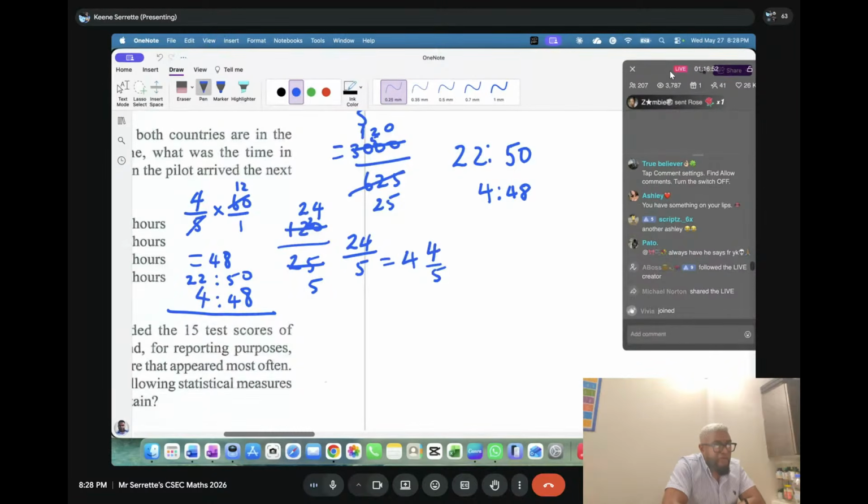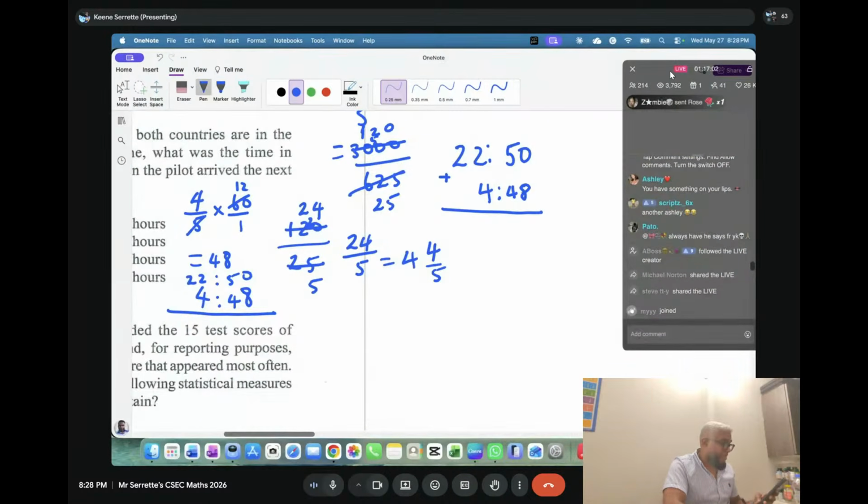2250 448, right? So we need to add this, but watch something. This is very important, right? If I have 50 plus 48, how much will I get? 50 plus 48 would actually be 98. 98 would be how many minutes and how many hours?